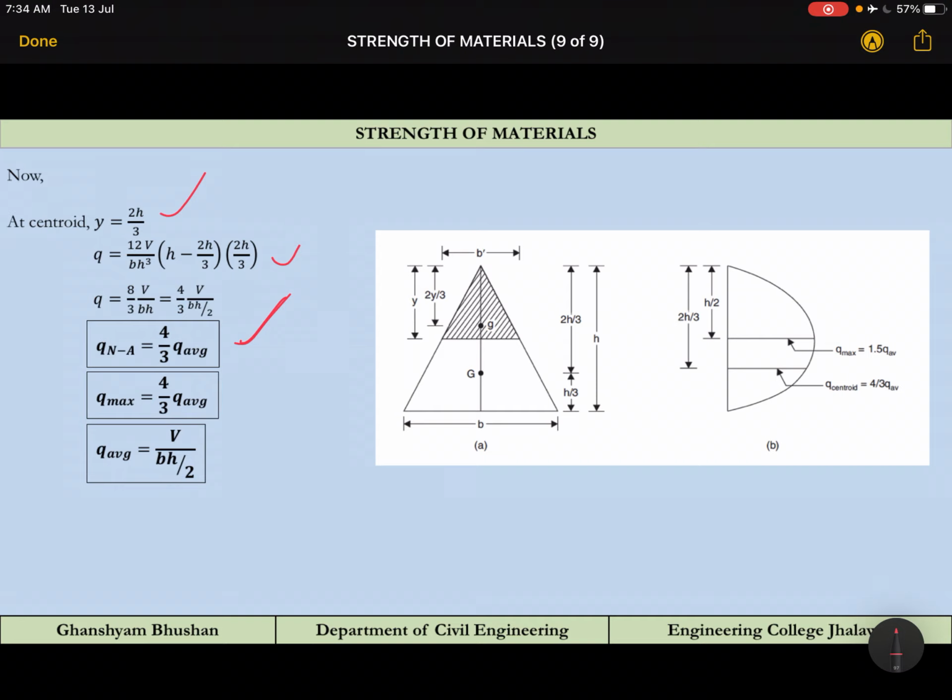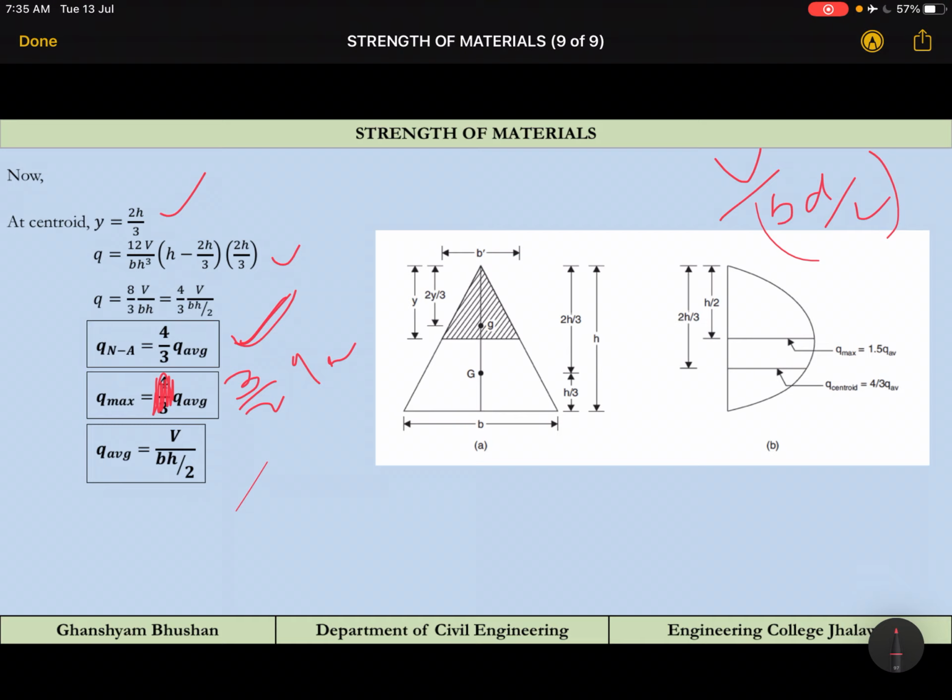Q average is very easy to calculate because only V is required and the area is also given to us, so it is very easy to calculate in terms of q average. So q max is 3 by 2 q average, and q average is as usual V upon bh by 2.